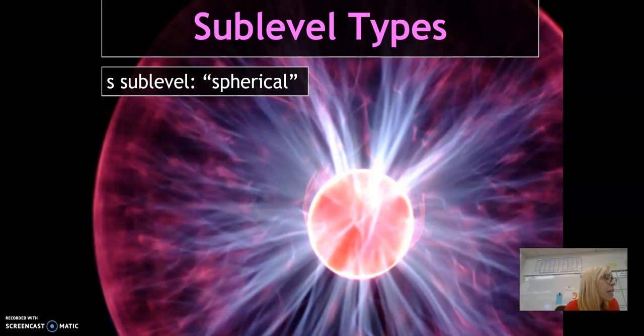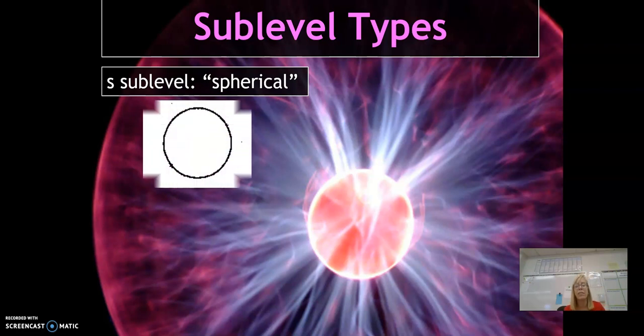Sublevel types. There is an s sublevel, and there's room in your notes to do a little picture of it. It is spherical, this one. I'm not very artistic, and I can even draw this one. So it is a circle. An s sublevel is spherical. The s and the s go together.